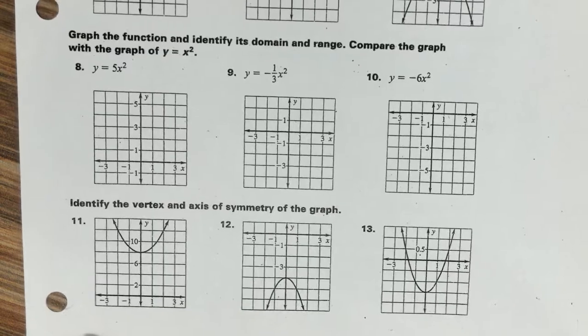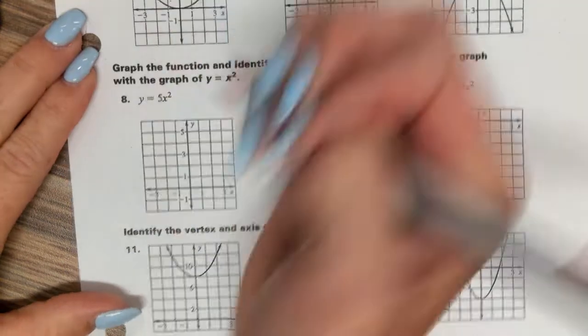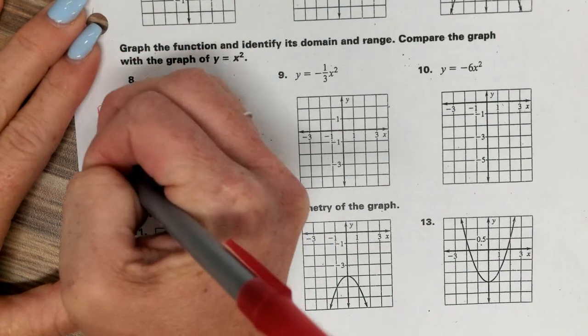All right. Numbers 8, 9, and 10, let's talk about it. It says graph the function. That's one question, graphing it. The next question says identify the domain and the range. So you need the domain and you need the range.